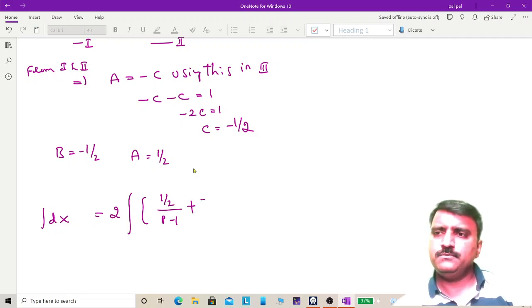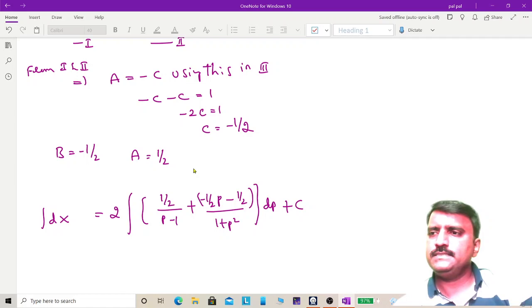B is minus 1 by 2, p minus 1 by 2, this by 1 plus p square, into dp plus a constant c.